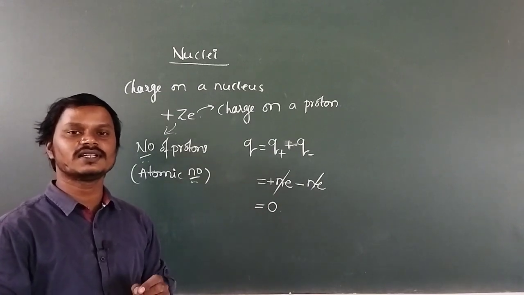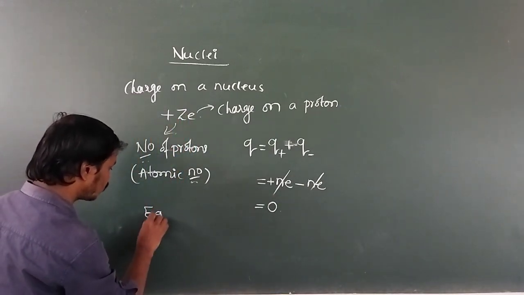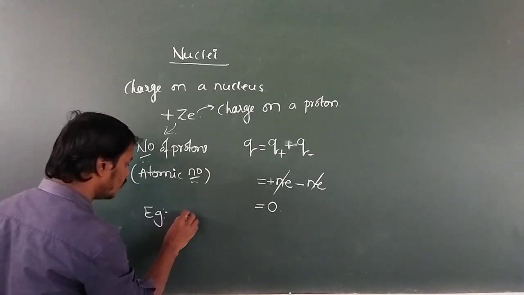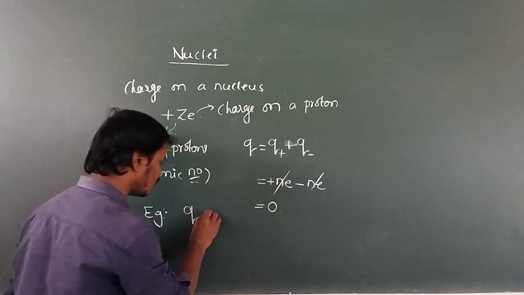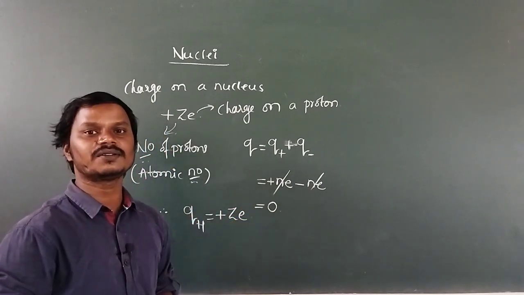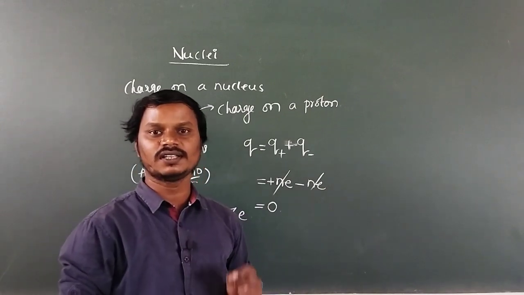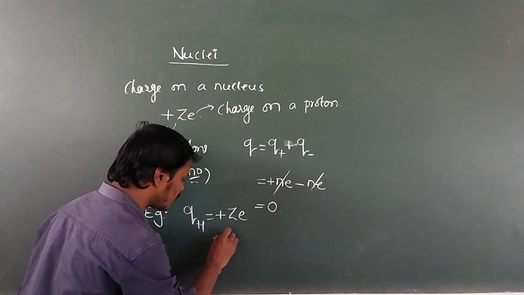For example, let us consider the charge on the hydrogen nucleus. I will write QH, which means the charge on the hydrogen nucleus, plus Z into e. How many protons are present in hydrogen? Only one proton is present in hydrogen. So Z can be replaced by 1, then it is plus e.